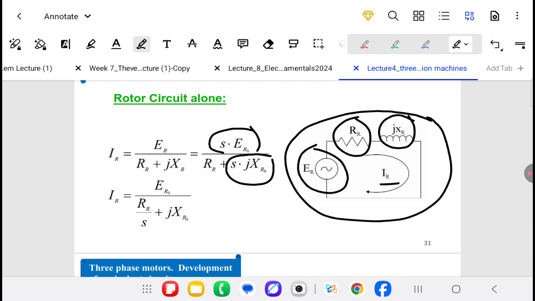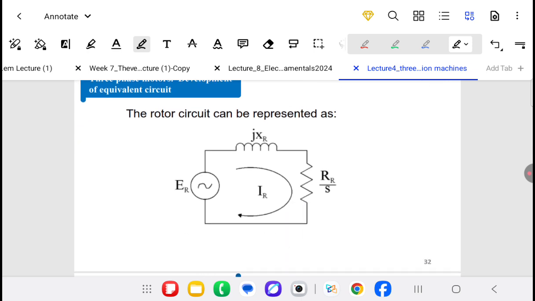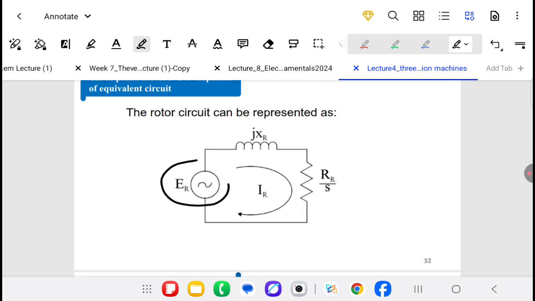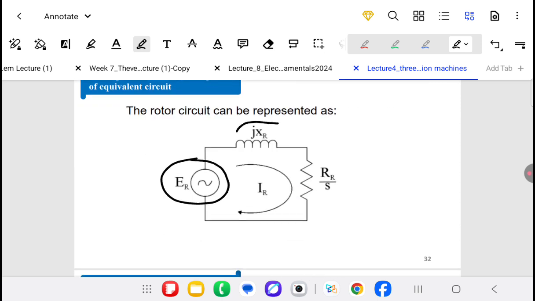We can divide the numerator and the denominator by S. Then we have IR equals E rotor at standstill divided by R rotor over S plus jX rotor at standstill.